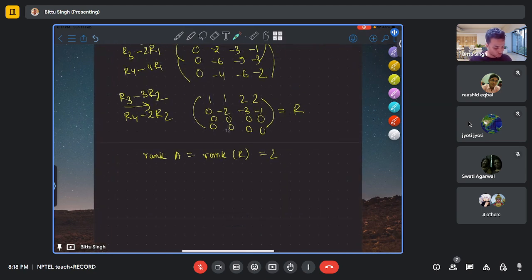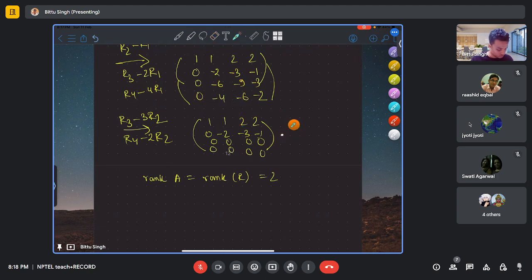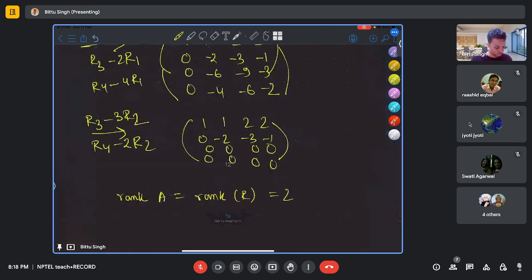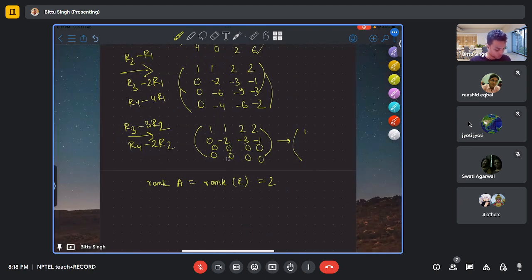So if we reduce further, it will be 1 1 2 2 and 0 1 3 by 2, that is, multiply R2 by minus half, and those are 0 0.